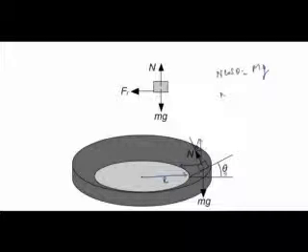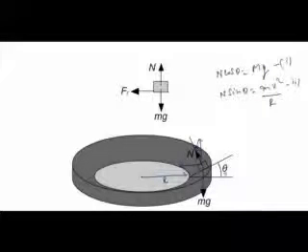So n sin theta will be equal to mv square by r, where m is the mass of the object and v is the velocity at which it's traveling. So from equation 1 we have n is equal to mg by cos theta.